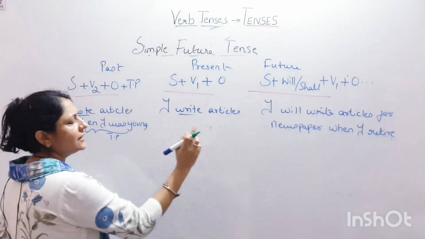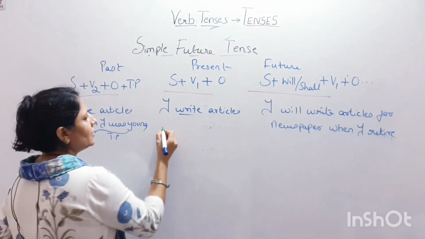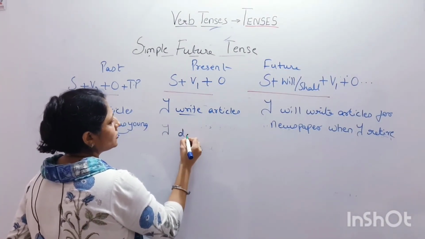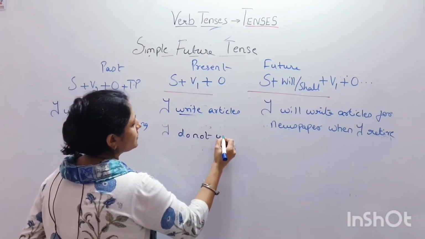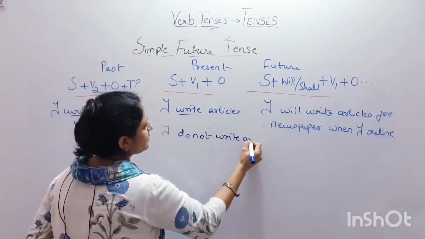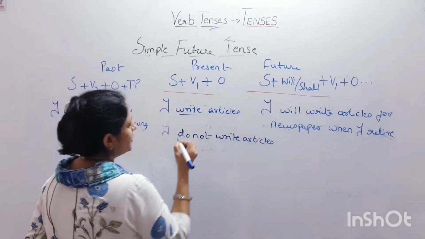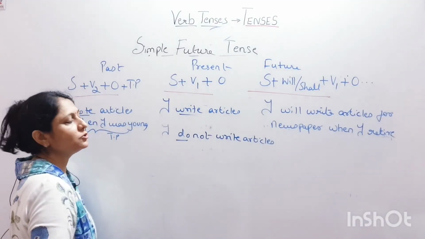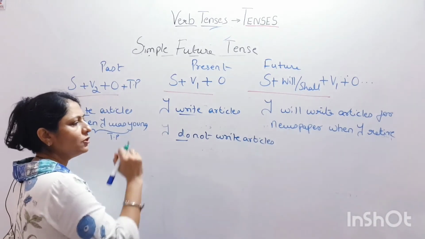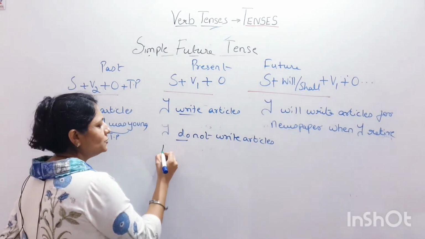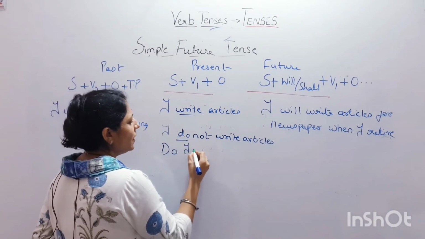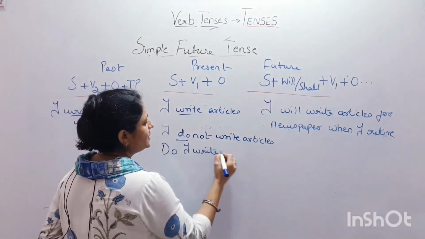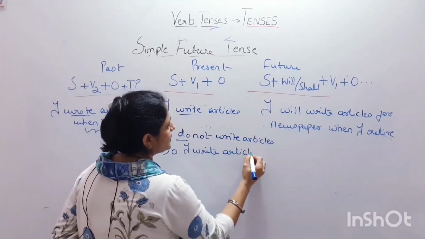I write articles in negative will become I do not write articles. Okay, so here I have used the helping verb do over here. Now in order to make it interrogative, it will become do I write articles.